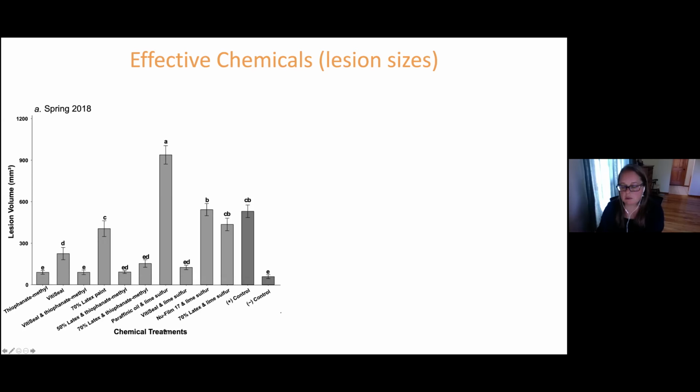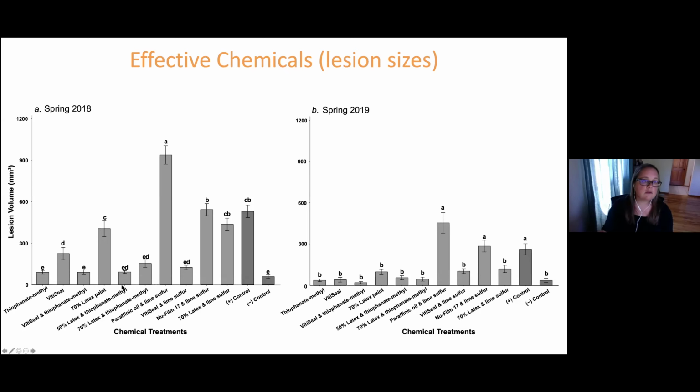And we saw similar trends for 2018 and 2019, where the Topsin alone was really effective. Vitaseal was effective, but it gets even better if you add Vitaseal with the Topsin.